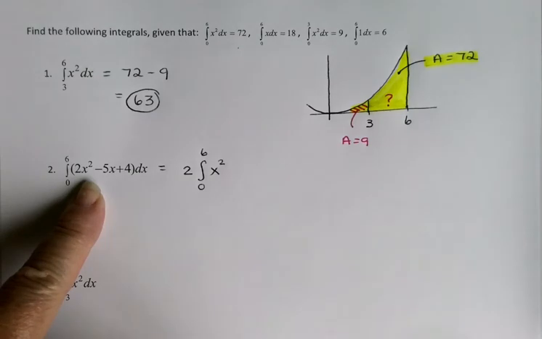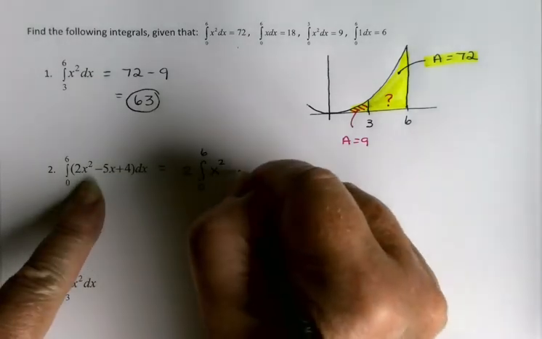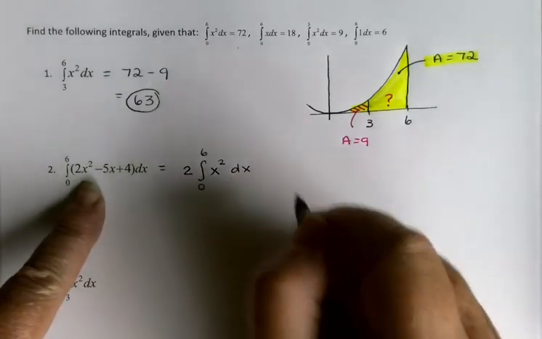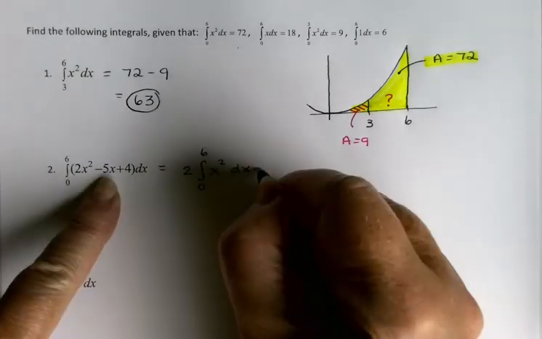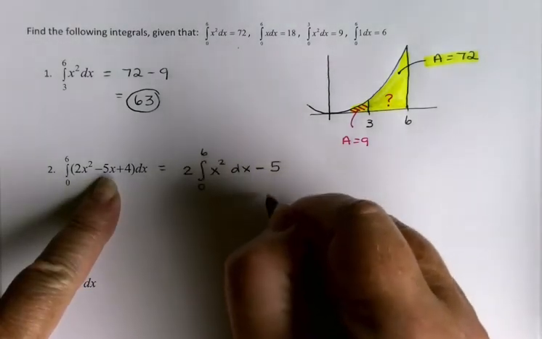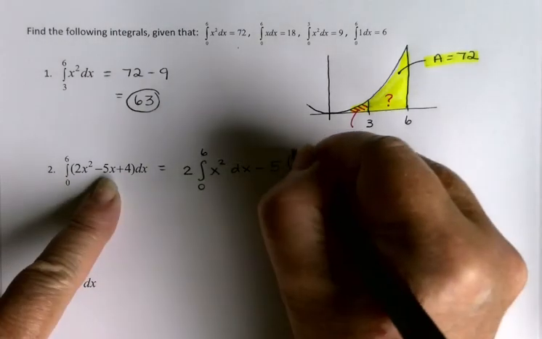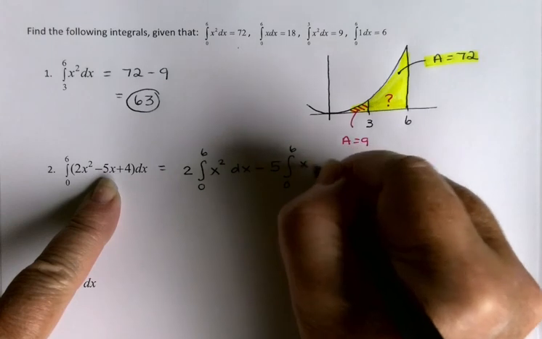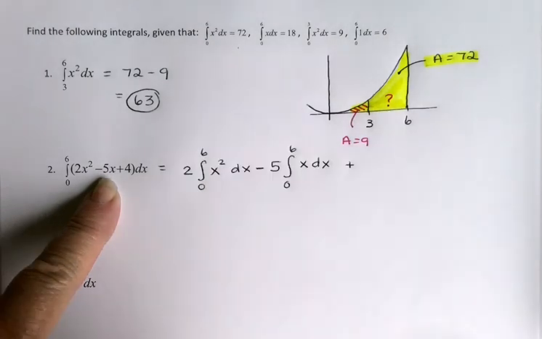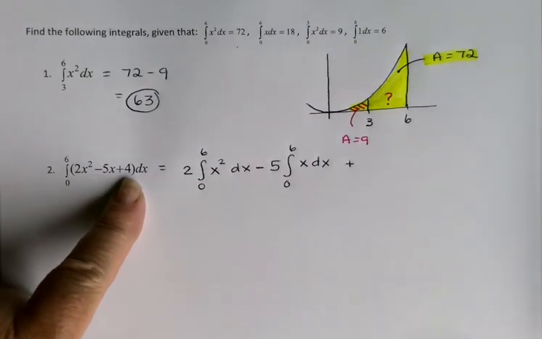And then that just becomes 2 times the integral of x squared dx. Next one, I've got a multiplier of minus 5. So I'm pulling that 5 out in front again, and then it just becomes the integral of x dx. Plus, and I'm going to do something kind of similar here.